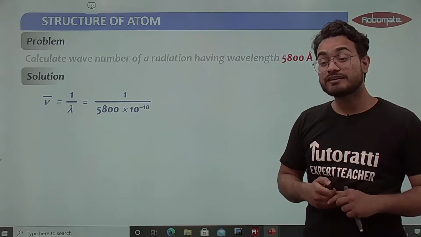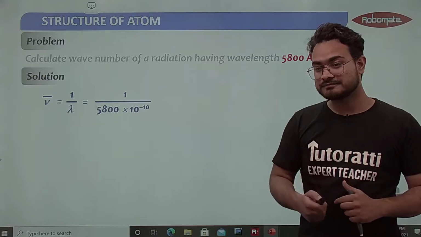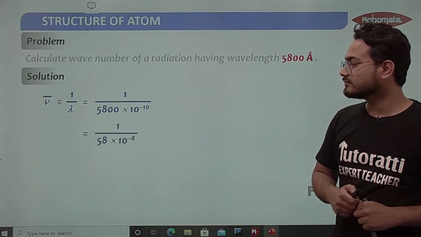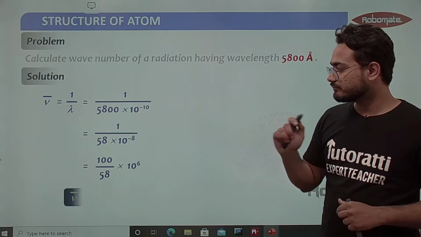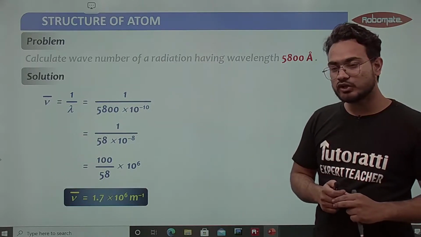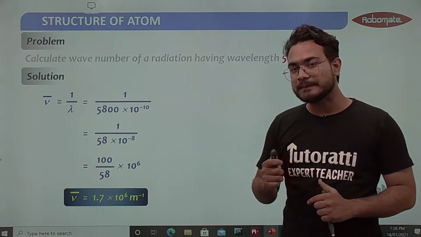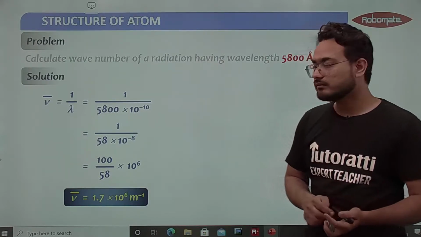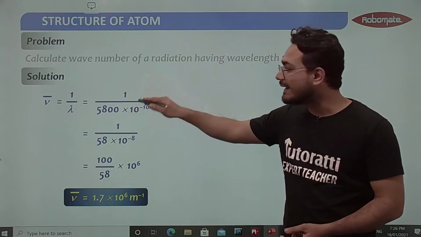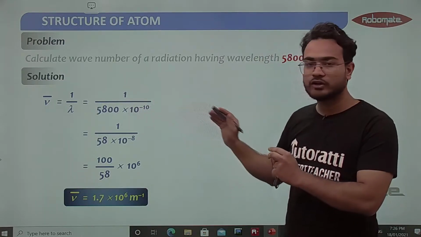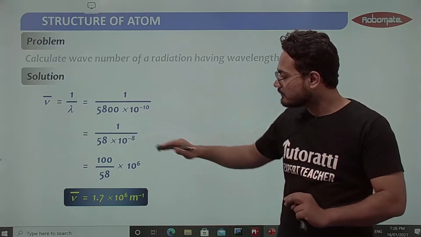It will be 1.7 into 10 to the power 6 per meter. What happened? We have divided 1 by lambda, that is 5800 into 10 to the power minus 10, and then solved it.